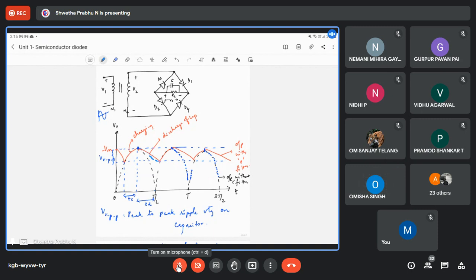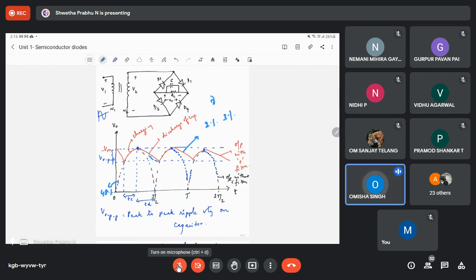Without filter it is approximately 48% as given in the literature, and we have seen in the derivation also. But with the filter, you'll get somewhere around 2% to 3% ripple.